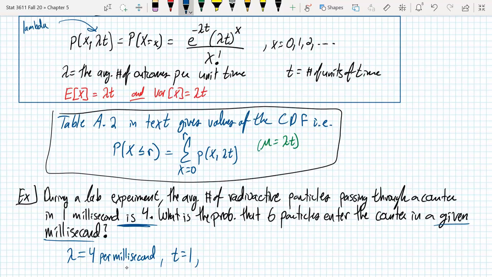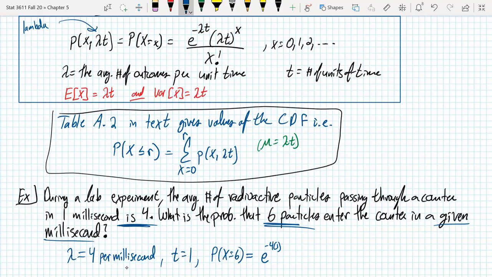We are concerned with getting exactly 6 particles. So we want the probability that x is equal to 6 when lambda is equal to 4 and t is equal to 1. Let's plug that in. This is e to the negative lambda t. Negative lambda would be negative 4, and t is 1, so that's negative 4 times 1, or just negative 4 in the exponent.